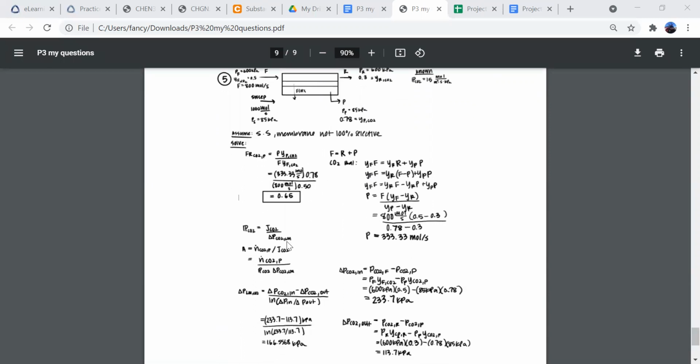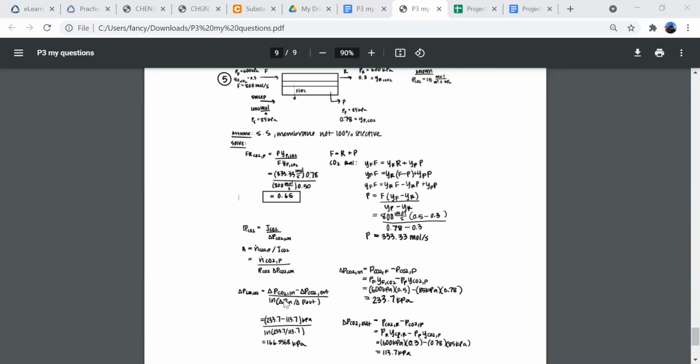And then the permeance is given by the equation of the flux divided by the driving force. But then the area is the molar flow rate divided by the flux. And so combining these two equations, the area can be solved for.